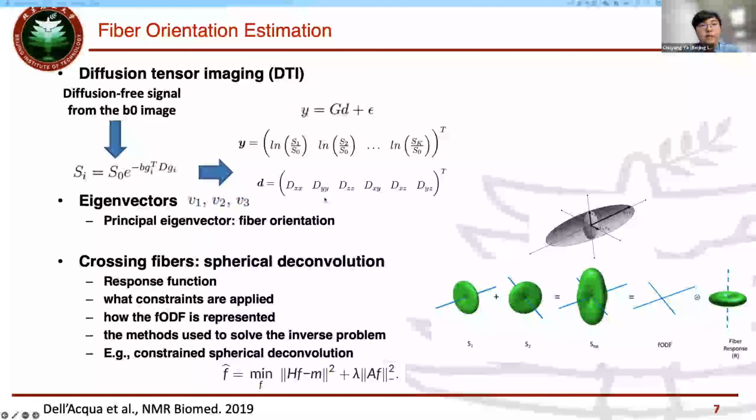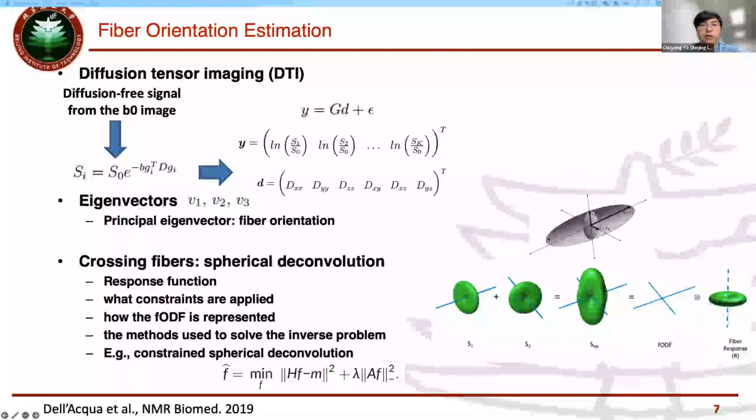So after we have the diffusion tensor, we can have some information about the diffusion process. Because the diffusion actually follows the direction of the axons, we can use its principal eigenvector to represent the fiber orientation. That's the direction where the axons propagate.